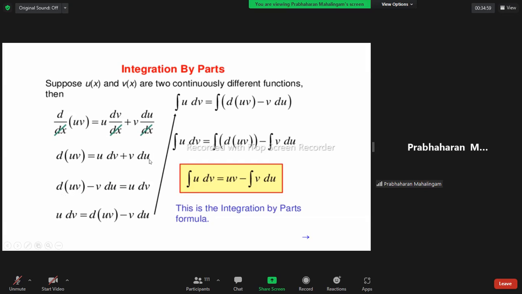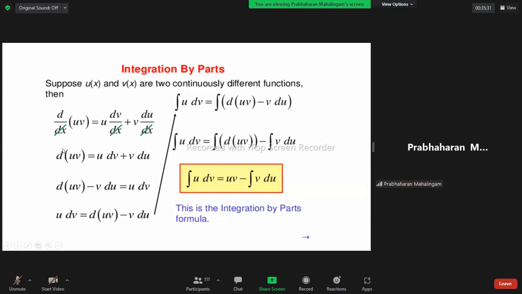What is the integration? In every integration formula, some dx is nearby: integral sign f(x) into dx. So here you see dx is not there, so we cannot put the integral sign in front. Do you understand? d is there, dx is not there. dx means differentiation of the x variable.